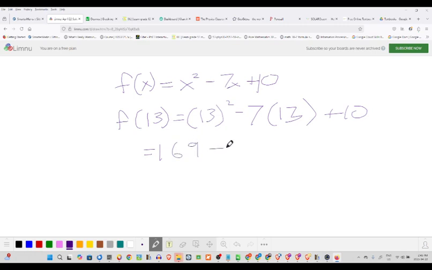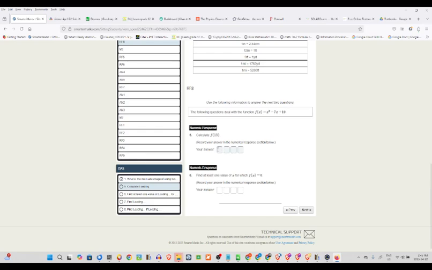That's 169. Now 7 times 13 would be 91, plus 10. So we have here 88. So f of 13 is 88.